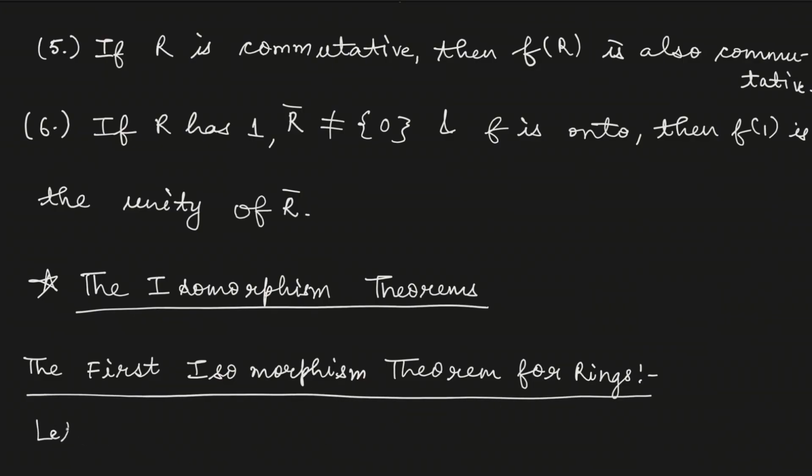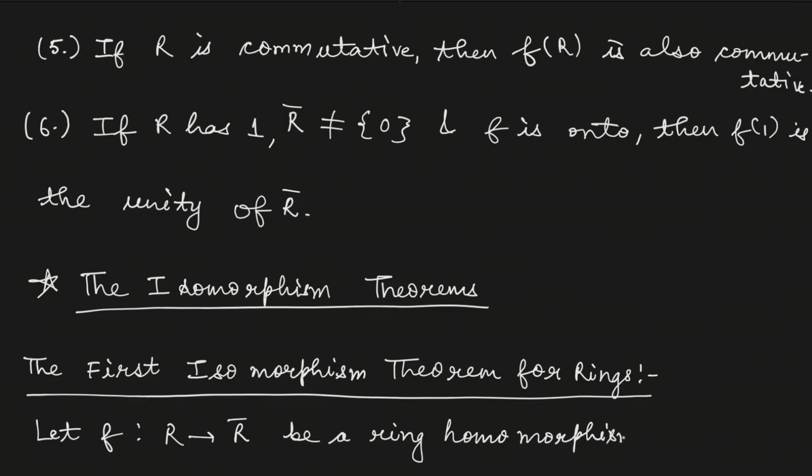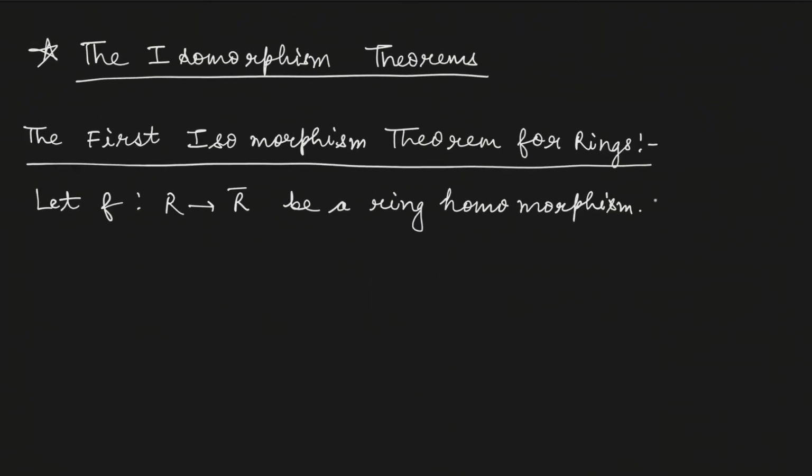Let f mapping from R to R bar be a ring homomorphism, then R by kernel f is isomorphic to f(R).